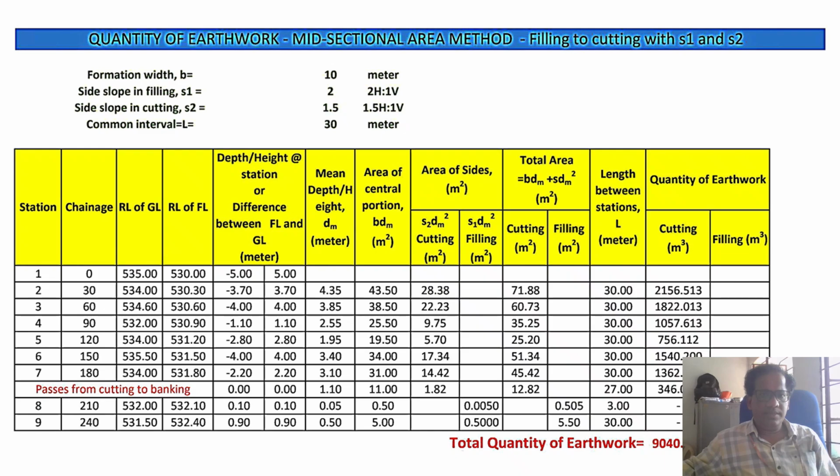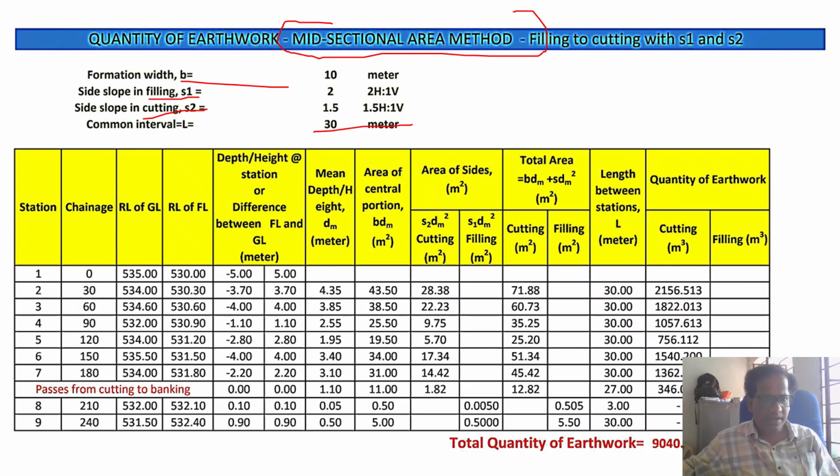Now let us discuss how to compute quantity of earthwork using the mid-sectional area method. The input here is formation width, that is 10 meters, side slope for filling S1, 1.5 horizontal to 1 vertical, and side slope for cutting S2. A regular interval is given, that is 30 meters distance between two chainage stations.